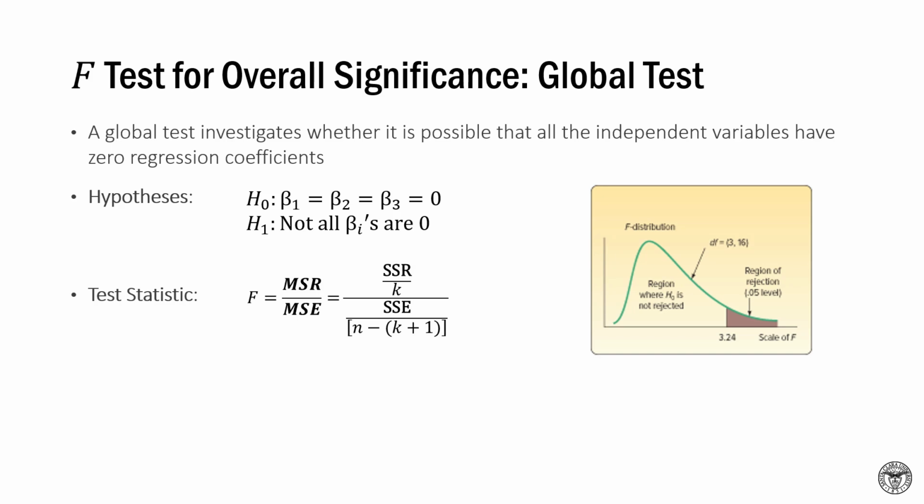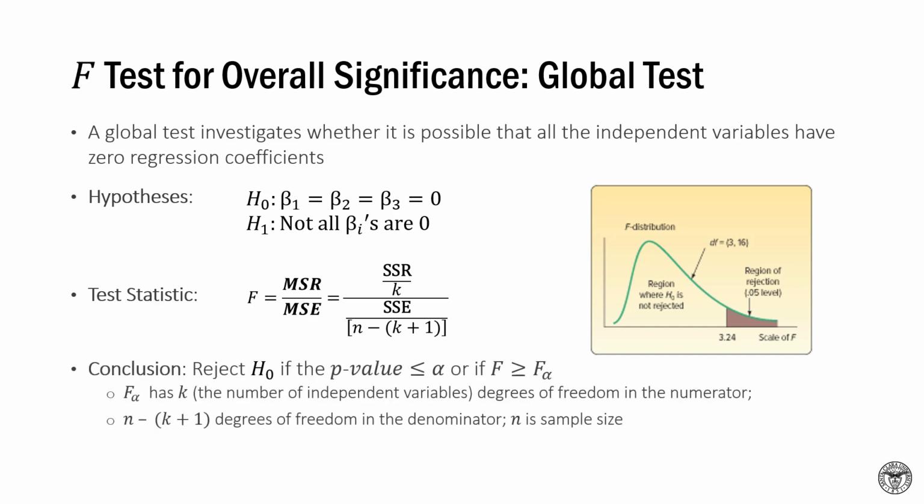The F-test statistic is calculated by dividing the mean squared regression, MSR, by the mean square error, MSE. To calculate the F critical value, F alpha, we need three pieces of information: the numerator degrees of freedom, the denominator degrees of freedom, and the significance level.